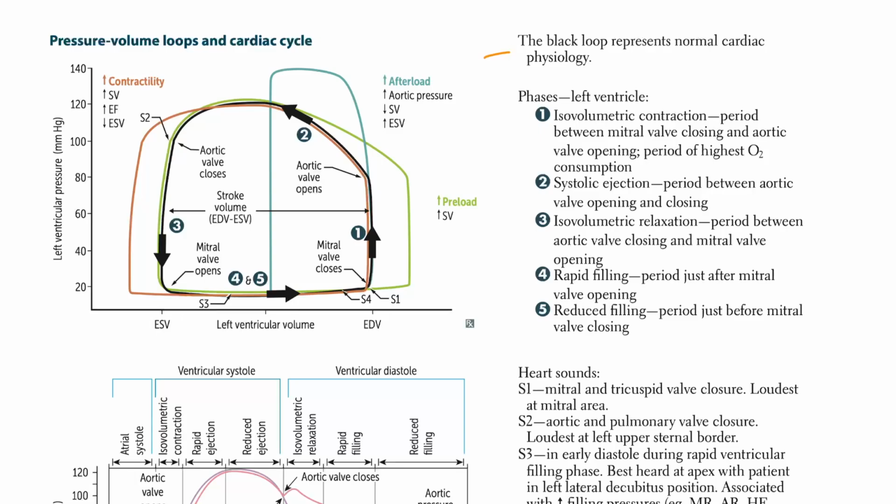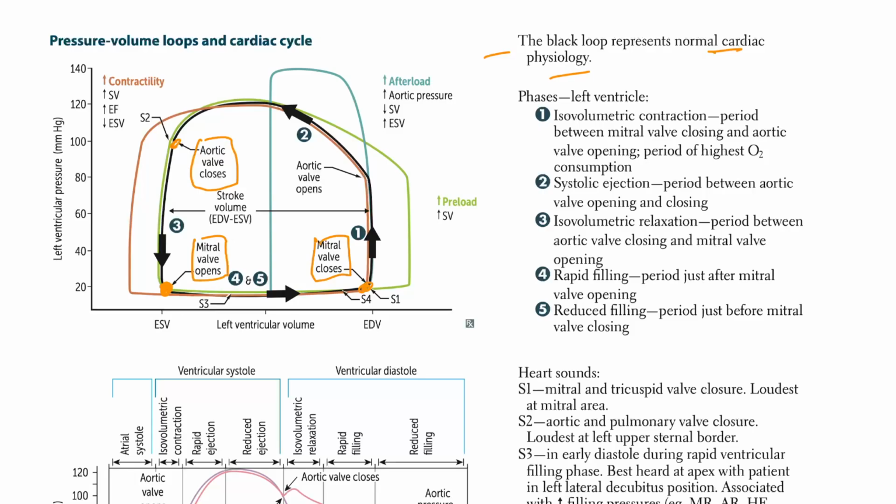So the black loop represents normal cardiac physiology. We can see here we have aortic valve closure. It actually starts from here, where the mitral valve opens, and the mitral valve closes right at this point.